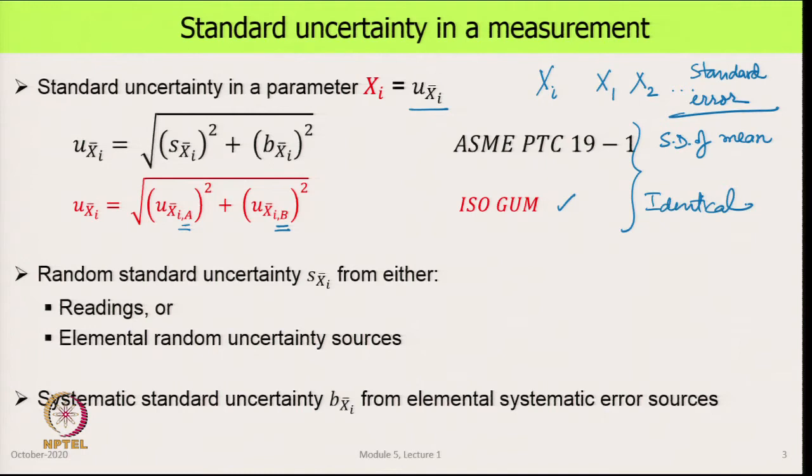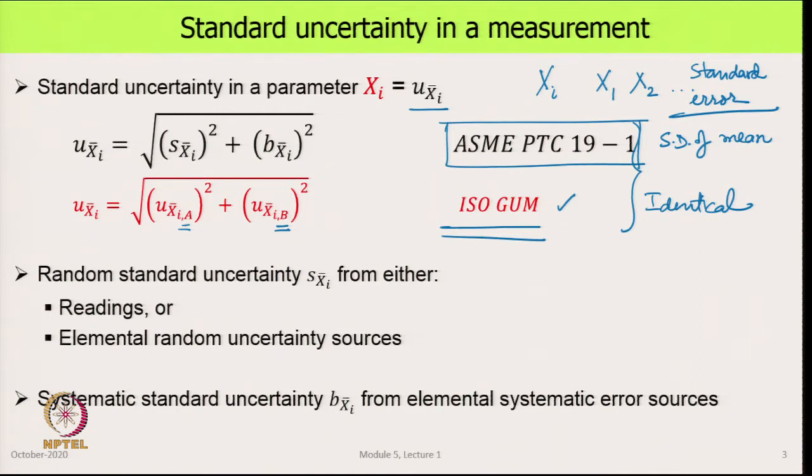In a sense, ISO GUM is now the major standard across the world, and PTC 19.1 adapted itself to become like ISO GUM. For our purpose, the method that I will explain is based on the ASME code.